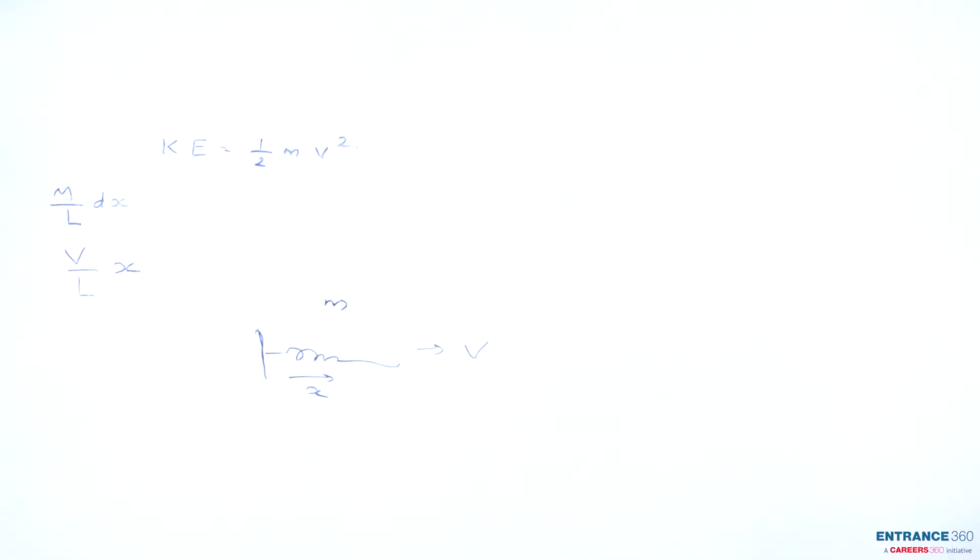Now, if the spring moves by a distance of x, and the velocity per unit length is v by L, given the spring is uniform, then the velocity for x distance will be v by L into x.